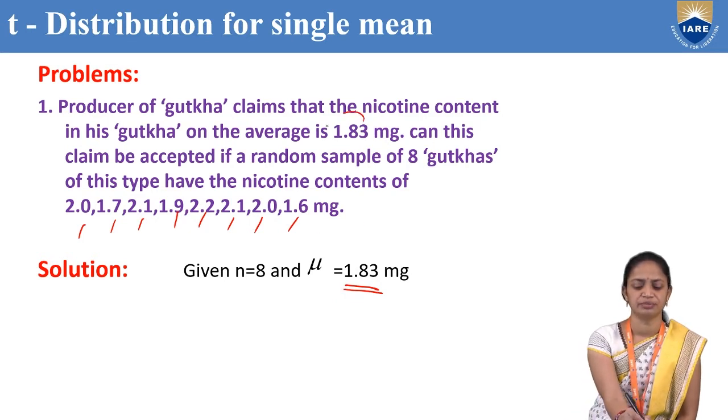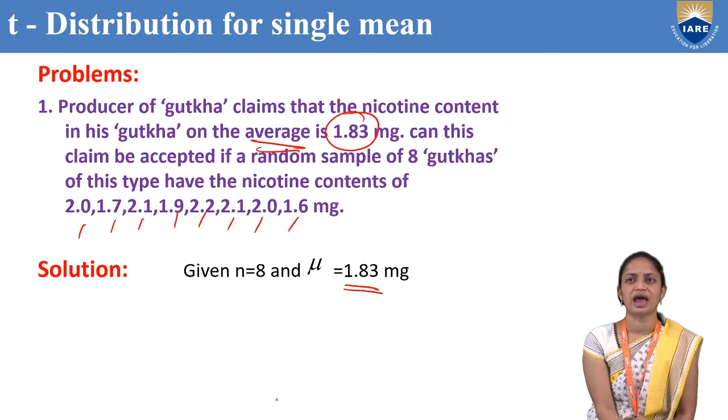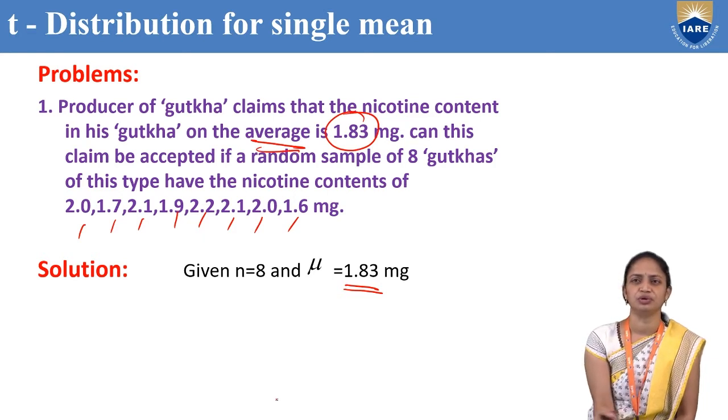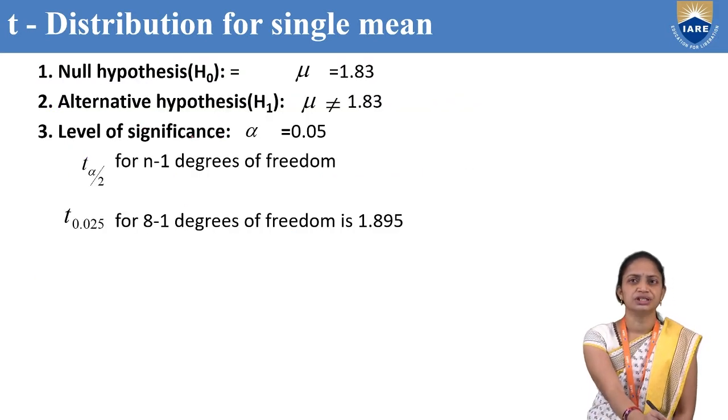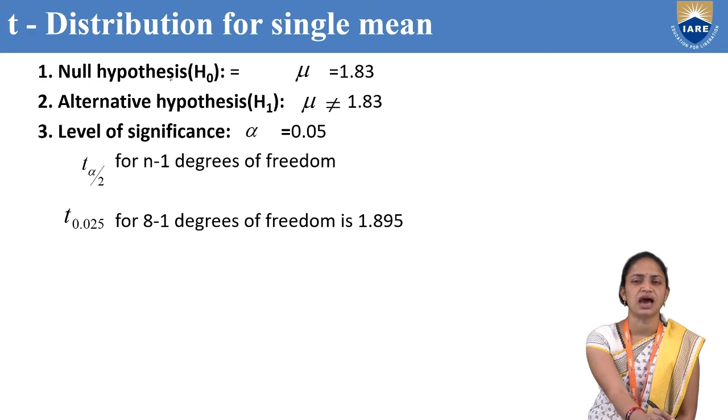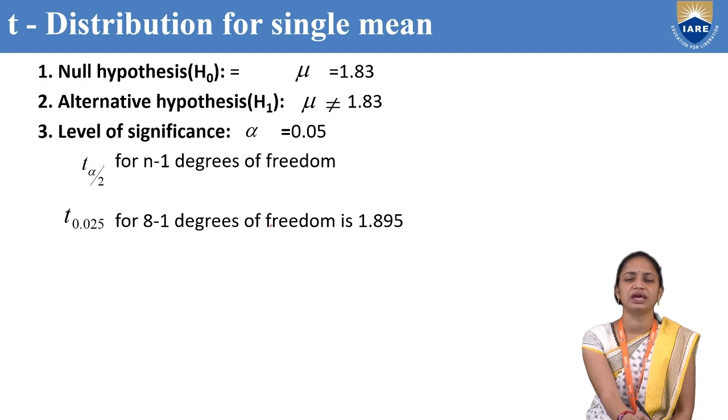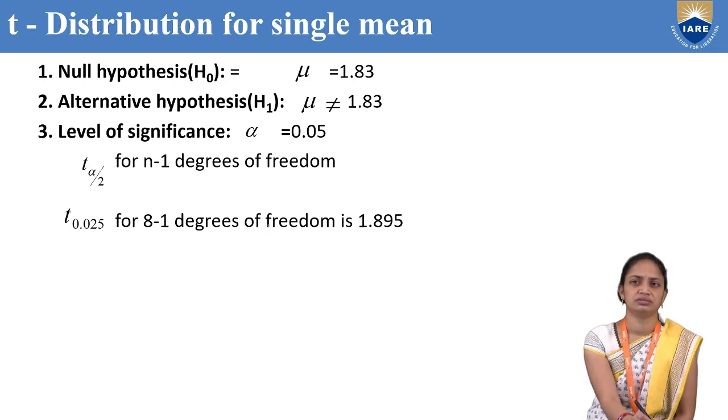Because here they have mentioned the average, that is the mu value. That is mu equal to 1.83. Null hypothesis is denoted with H naught, that is mu equal to 1.83. In the single mean, we have to take population mean.